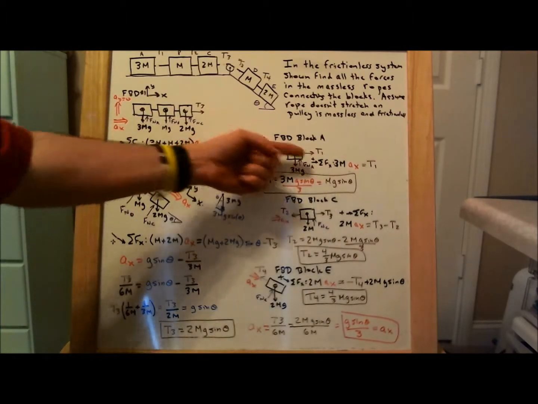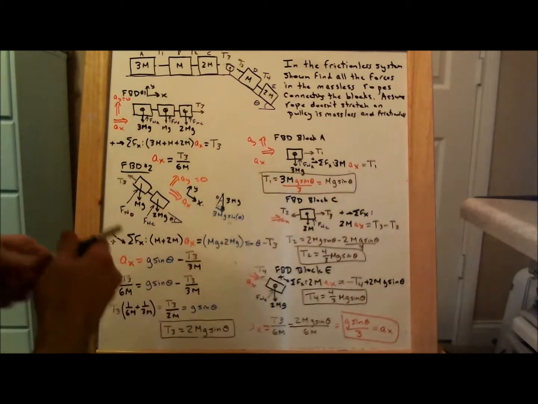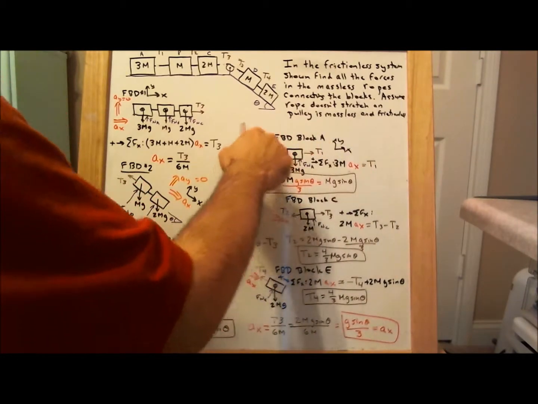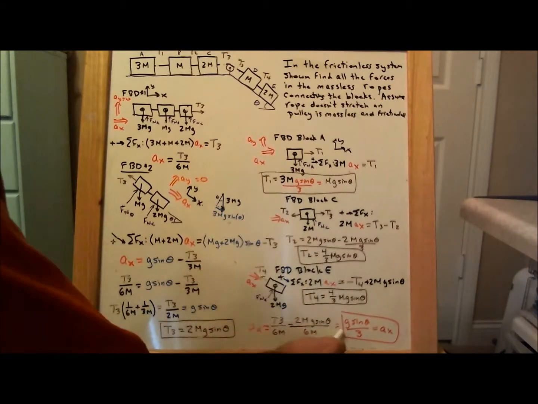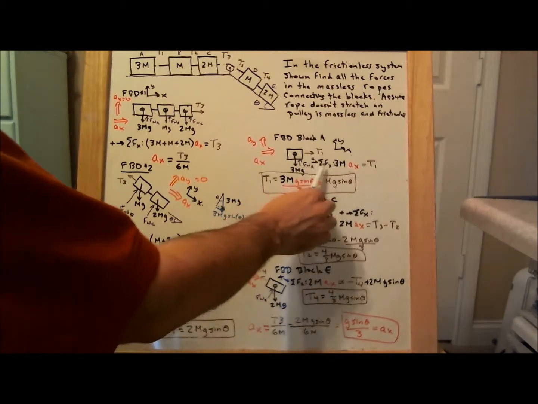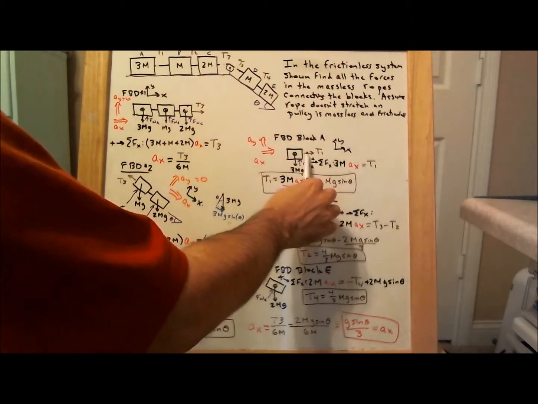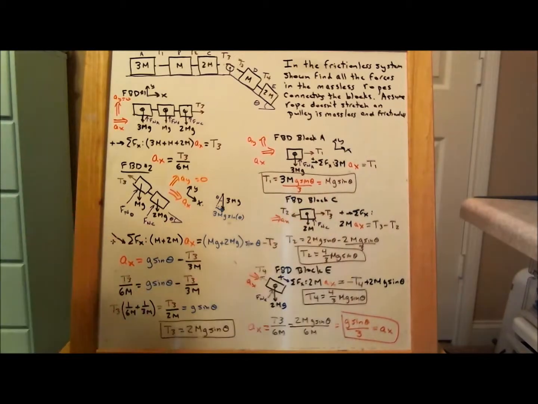I'll make the coordinate system be the x-y because I know there's no acceleration this way, which I now know the magnitude of. So the sum of the forces is mass times acceleration in the x direction. The only external force acting is T1, so I can solve for T1.